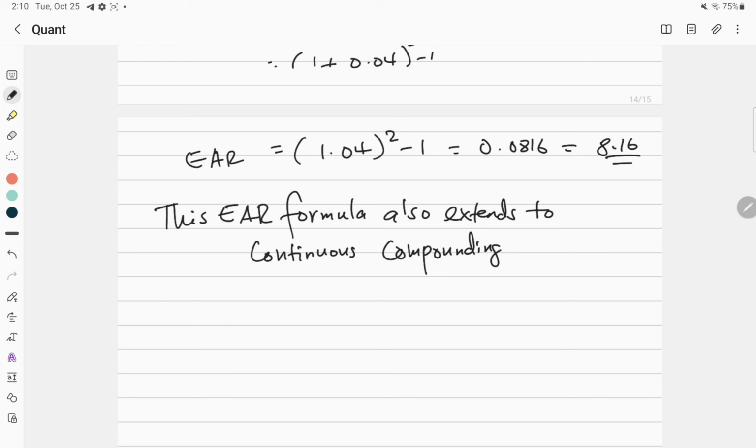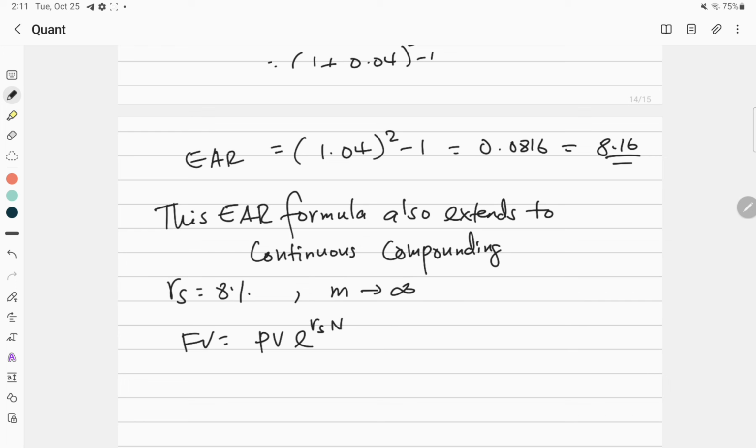What does that mean? That means, let's say we have a stated annual interest rate of 8%, but in this case, our M approaches infinity because our investment is compounded continuously throughout the year, right? Now, the formula that we have for our future value for continuous compounding is present value times e raised to rs times n.